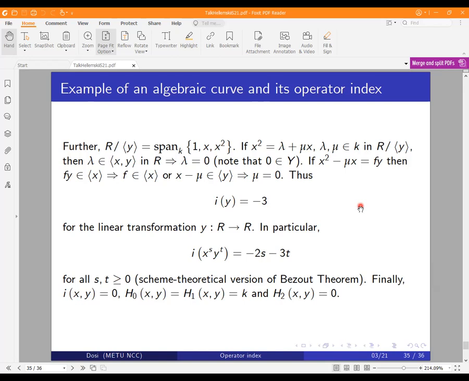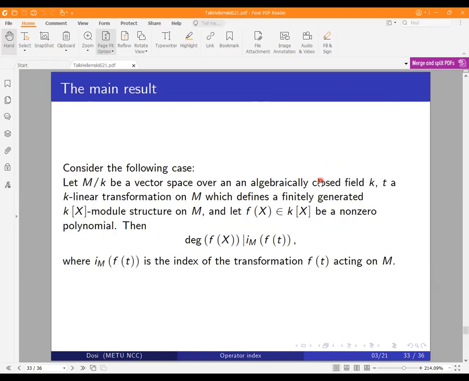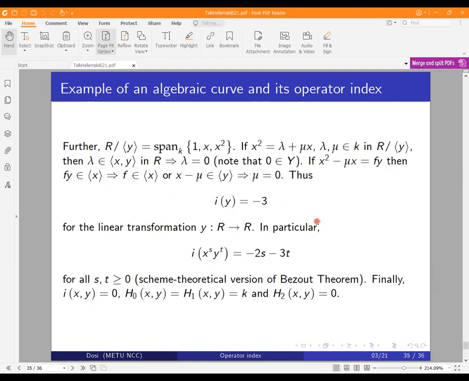As a result, the index is just the multiplication of the degrees. The degree of the hypersurface in the previous example was the degree of this polynomial. That's why the degree divides my index, right? It's a consequence of the Bezout theorem. Anyway, that's how we can calculate the index.